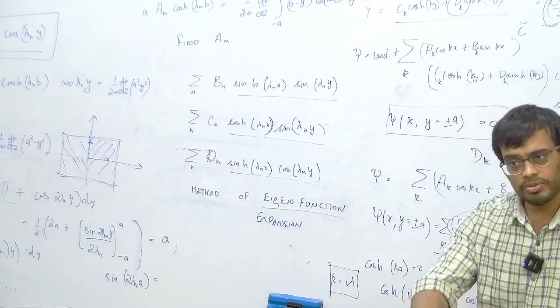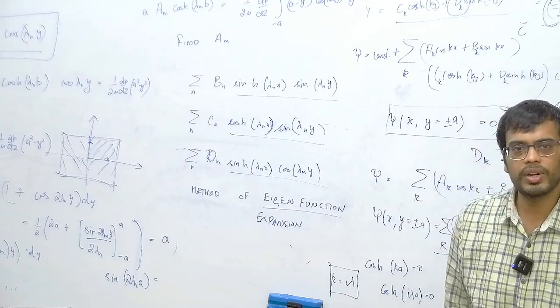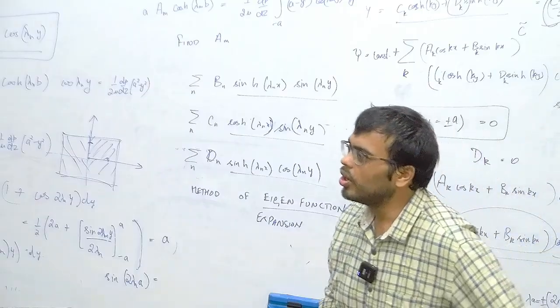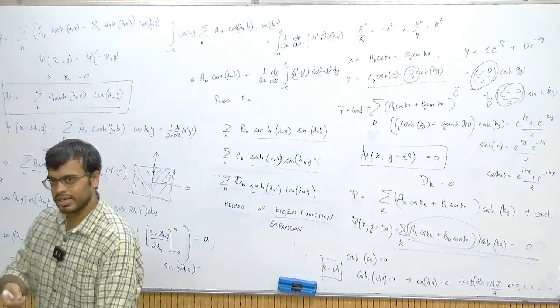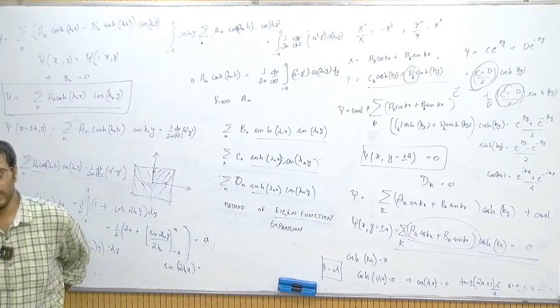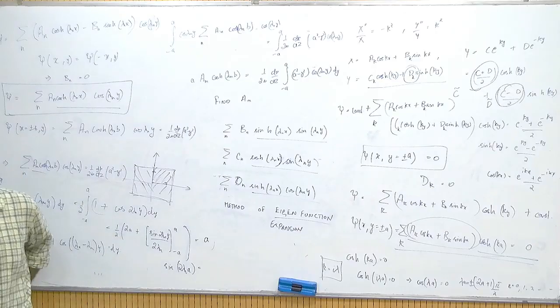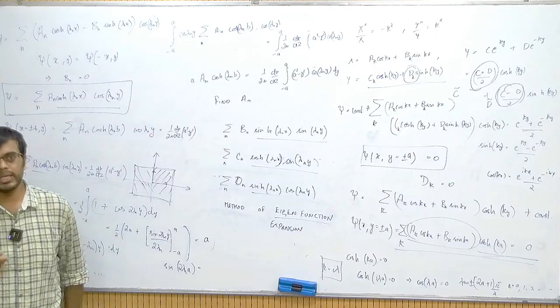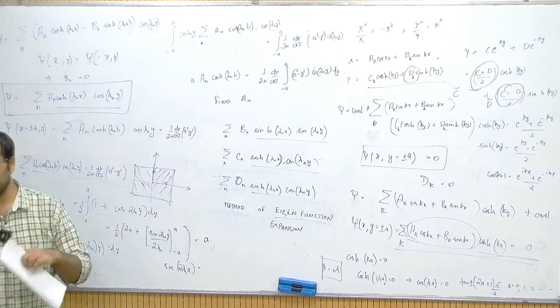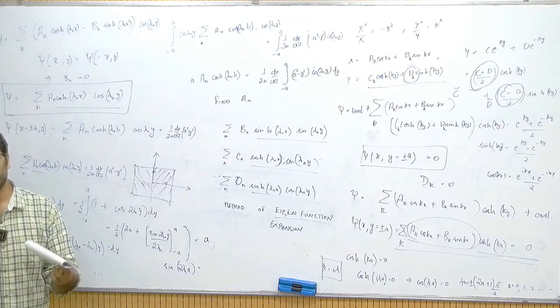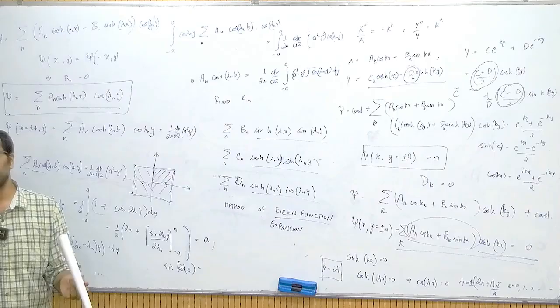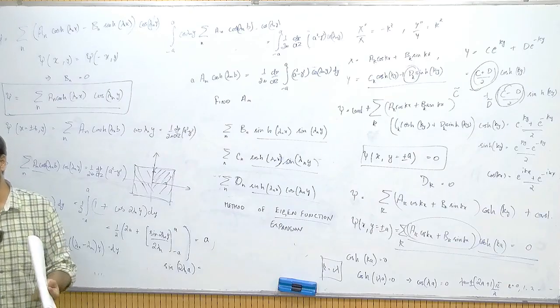If you can find the eigenfunctions of different equations, for example, I can ask you, what are the eigenfunctions of the Laplacian equation in cylindrical coordinates? When you write it down, you will find that those are Bessel functions, if you have radial symmetry, axis symmetry and things like that.